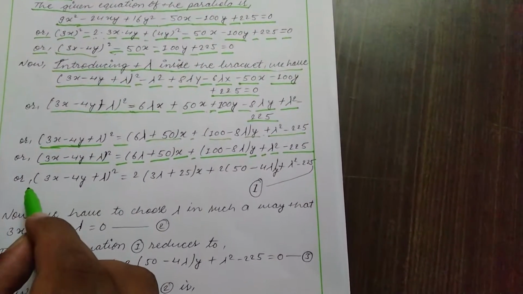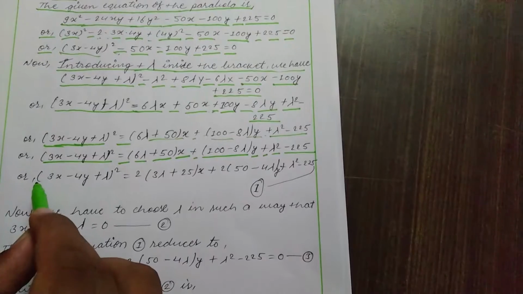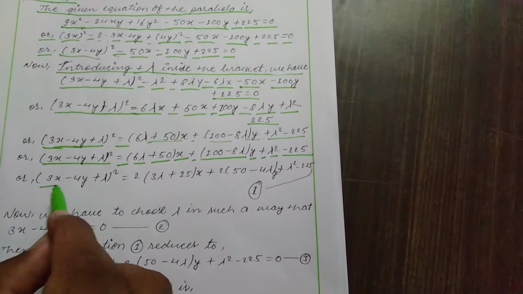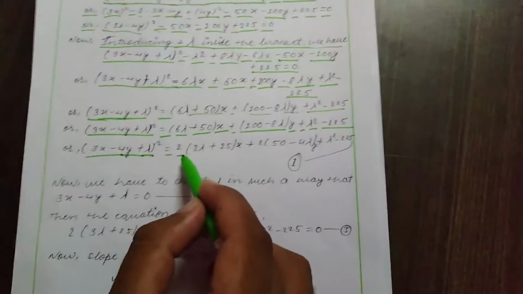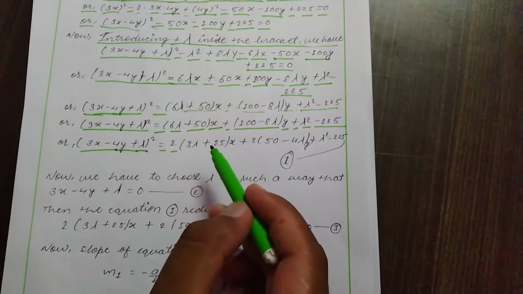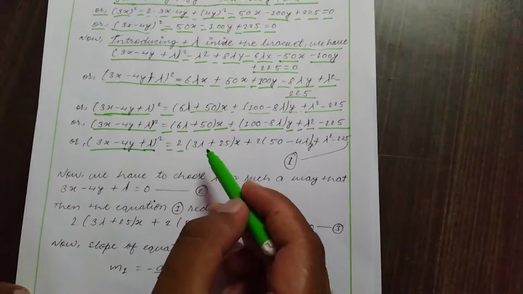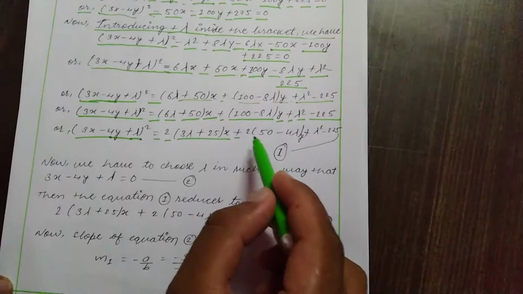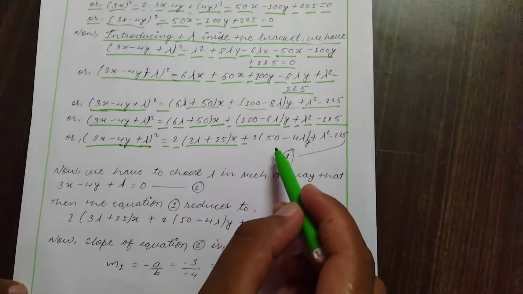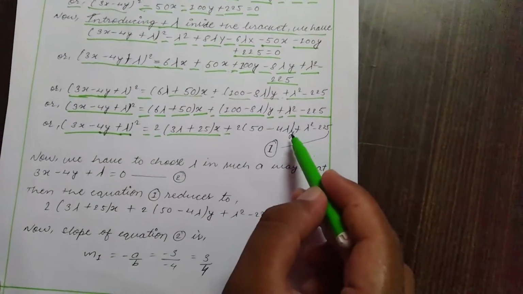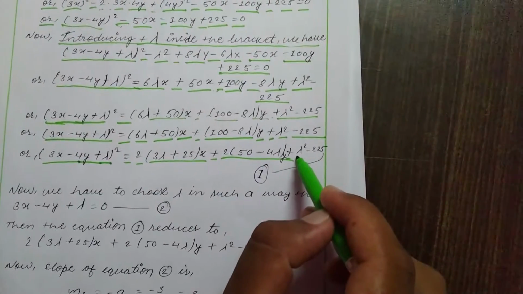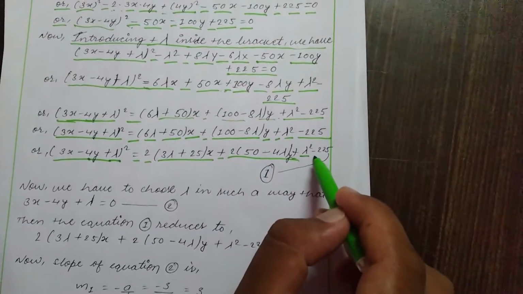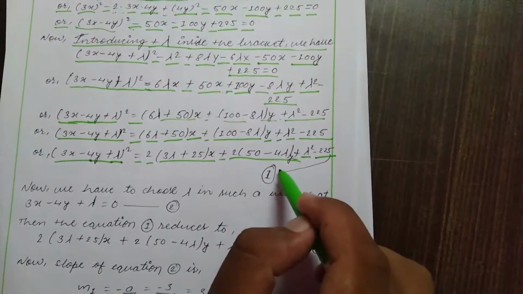Again, solving further, (3x minus 4y plus lambda) whole square equals 2 times (3 lambda plus 25) x plus 2 times (50 minus 4 lambda) y plus lambda square minus 225. This is equation 1.